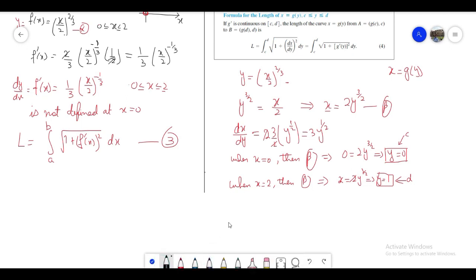In this case, length L is equal to the integral from c to d, where c is 0 and d is the upper limit, which is 1, of the root of 1 plus (dx/dy)^2, where dx/dy is 3y^(1/2), whole squared.